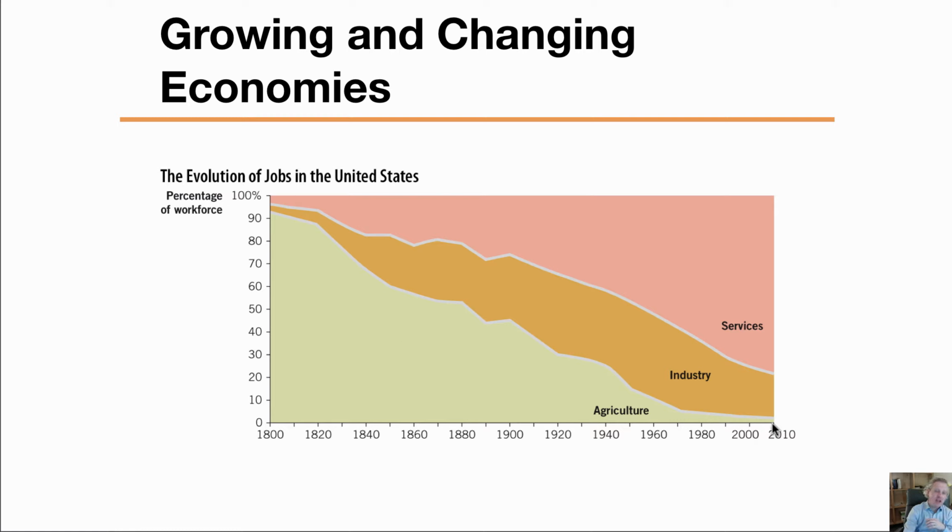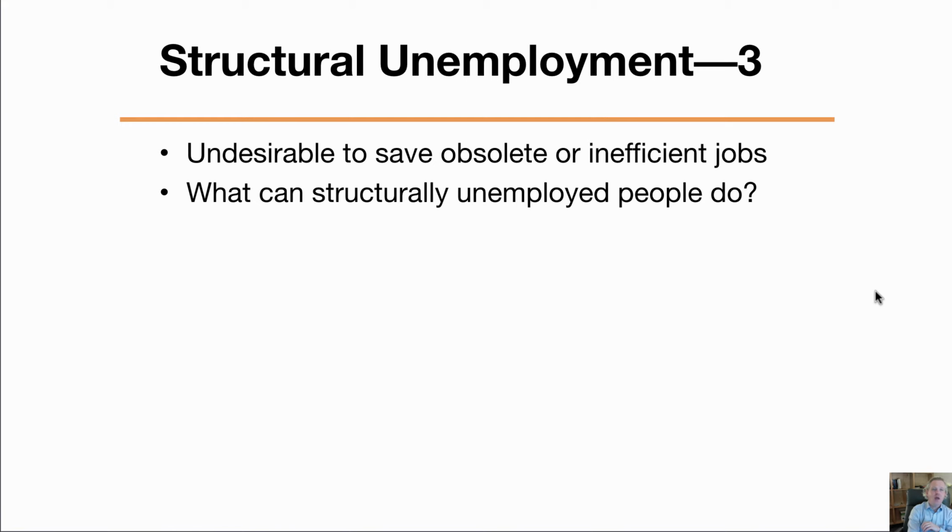Even though a tiny fraction of people work in agriculture, we grow and make a lot more stuff in the agriculture industry in the U.S. than we did back in 1800. So we wouldn't want to impede this sort of progress just to prevent unemployment, even though unemployment is an unintended, undesirable consequence of this creative destruction of the economy as a whole. So it would be undesirable to try to save jobs that were obsolete or inefficient.